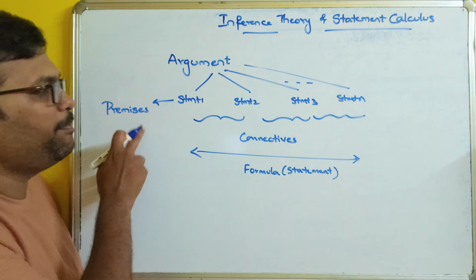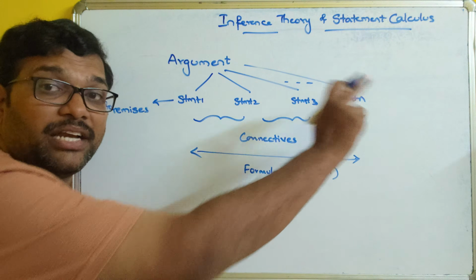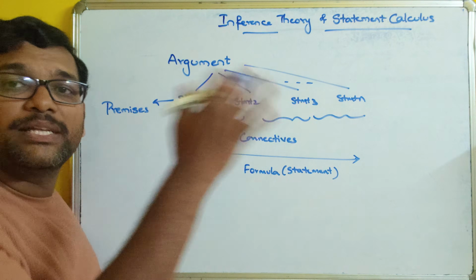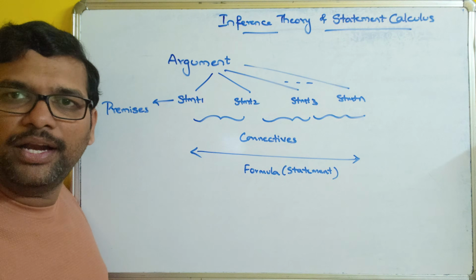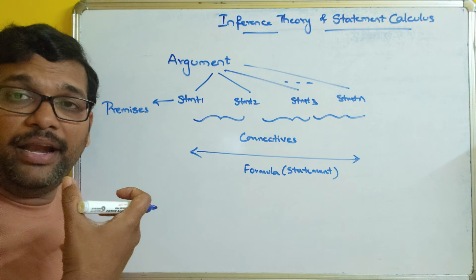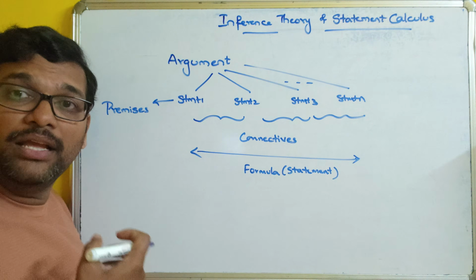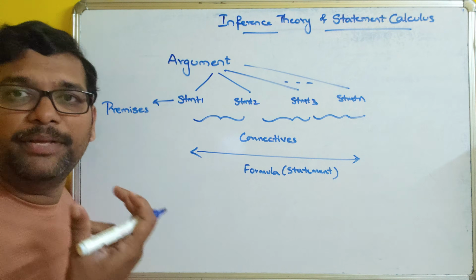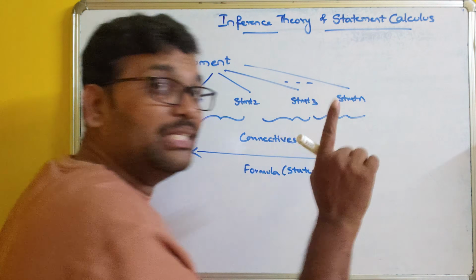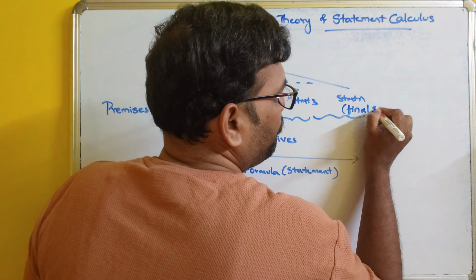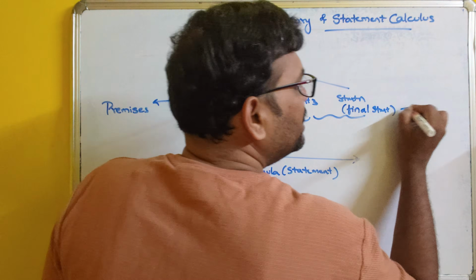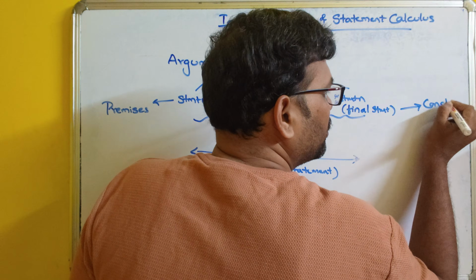All these statements will be premises, and the last statement gives some conclusion, right? So for every argument there will be some conclusion. The story will be narrated, and after the narration of the story, the final conclusion will be there. So this final statement in the argument we call a conclusion.